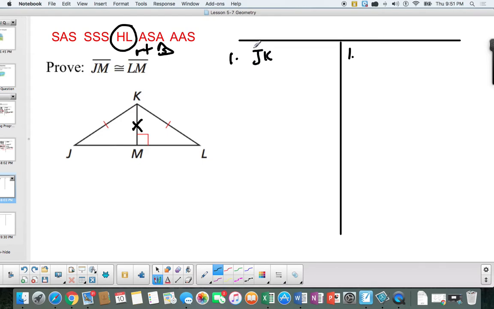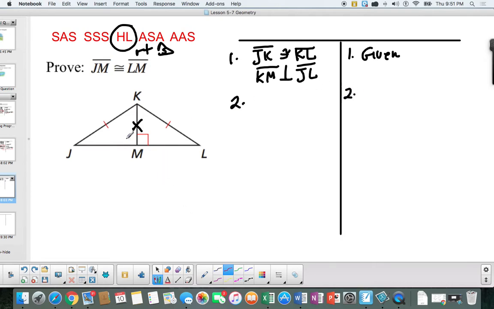Segment JK is congruent to segment KL, and that's going to be my H pair, given. And it looks like I'm also given that KM is perpendicular to JL, because I see this little right angle.